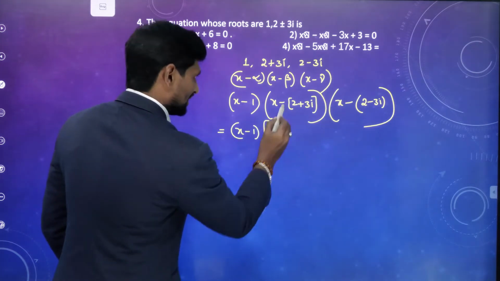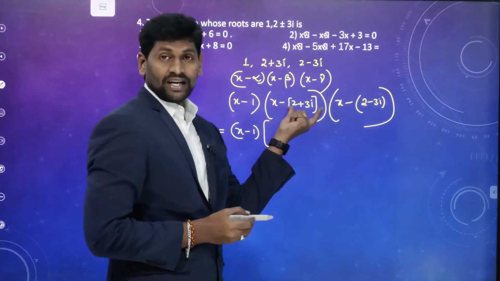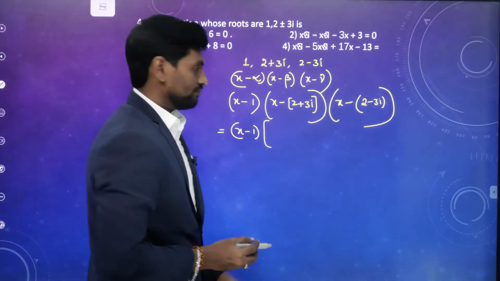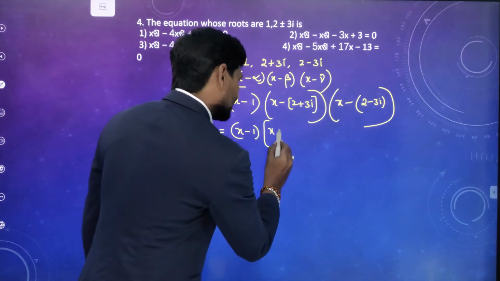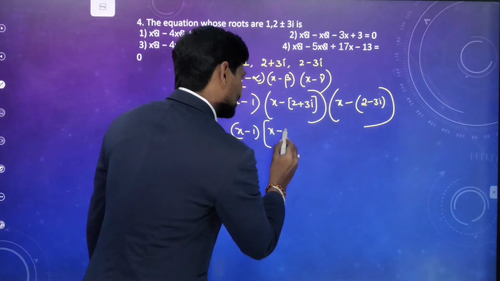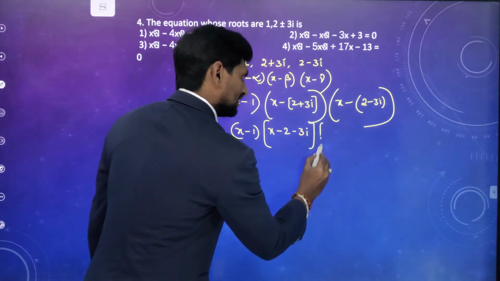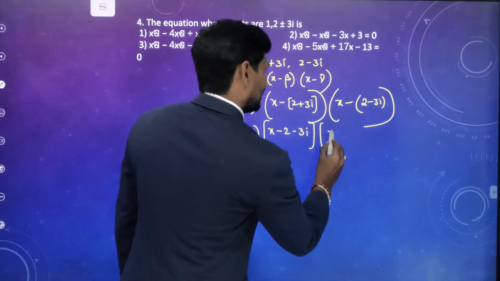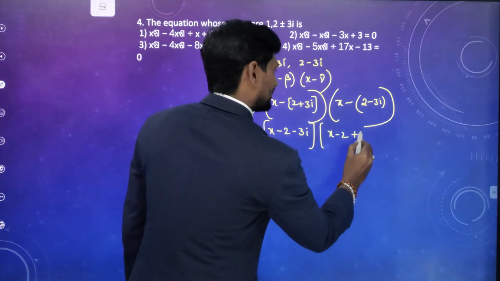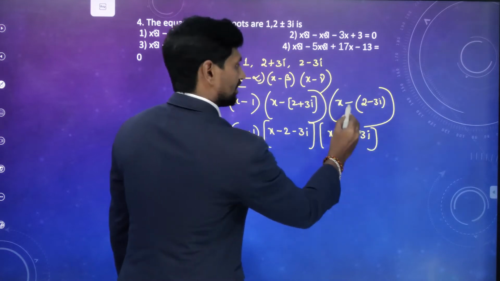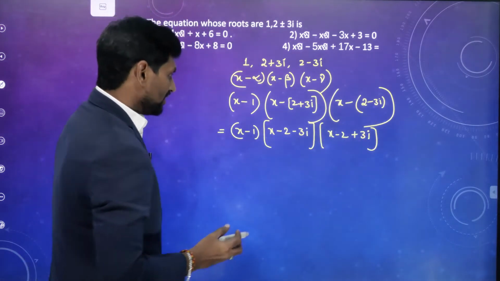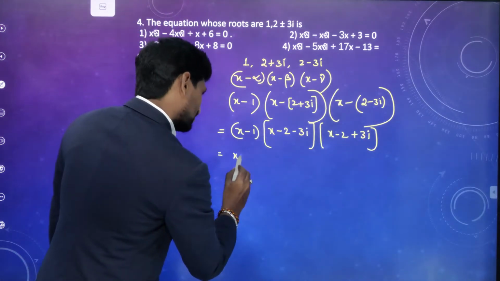Now here with the minus, I am removing this bracket by multiplying with this minus symbol. So it will be x minus 2 minus 3i, and this one also x minus 2 plus 3i. Am I right? Because minus into minus becomes plus. Now this x minus 1 as it is.